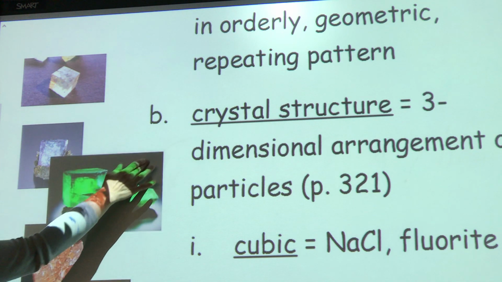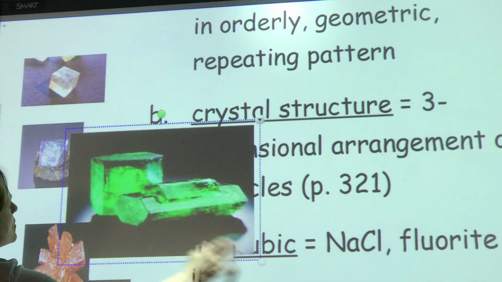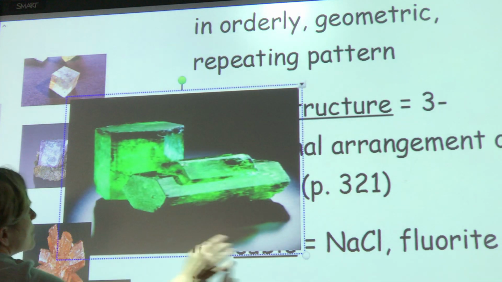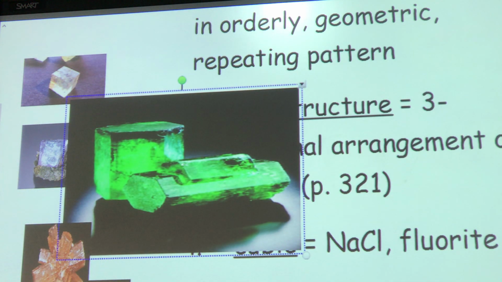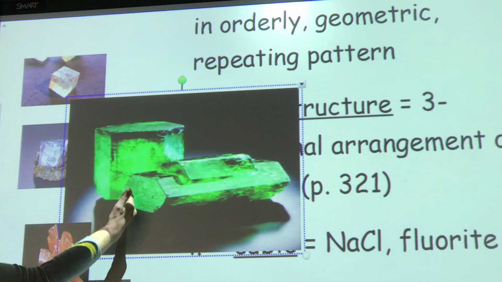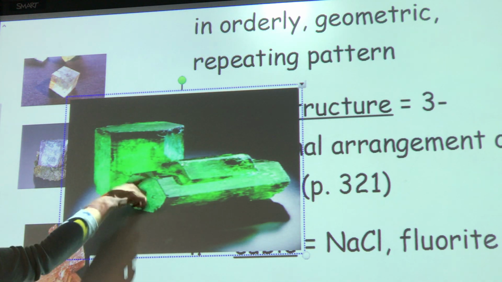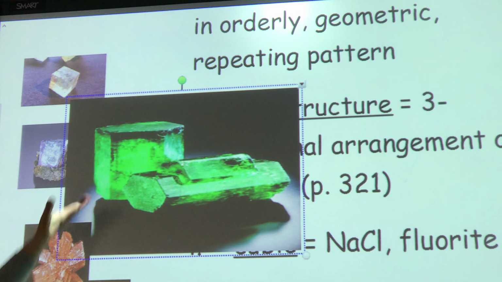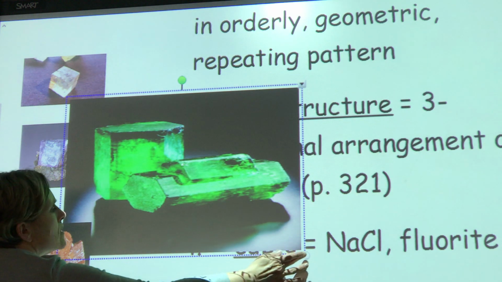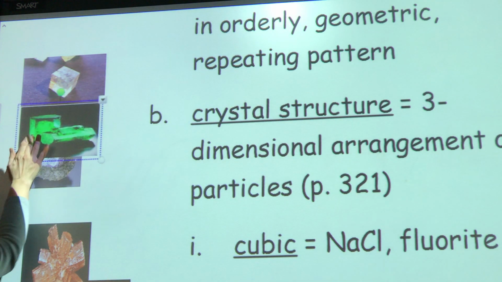Emerald is this kind of crystal when it's in its crystal form. And so here's a bunch of hexagonal prisms. You can see the bases of these prisms are six-sided figures, 1, 2, 3, 4, 5, 6 hexagons, right? And so that's one of the other types of crystalline structures. Pretty cool looking. That's emerald. Alrighty.